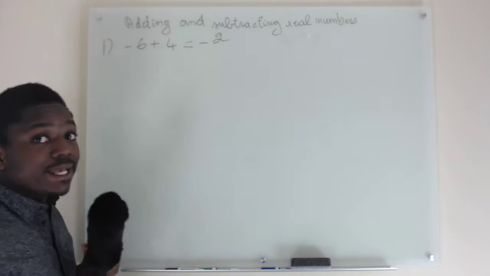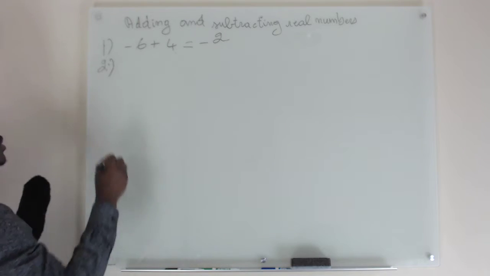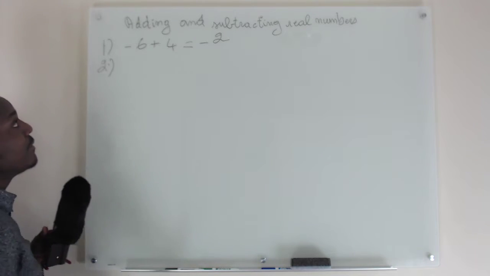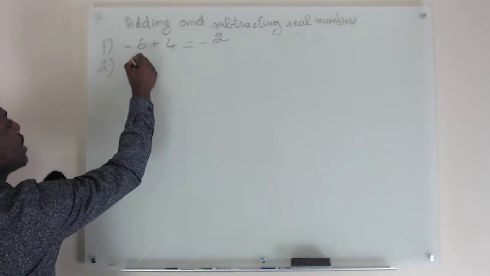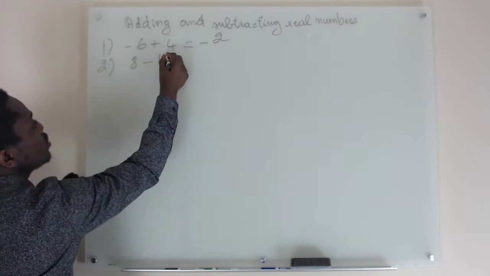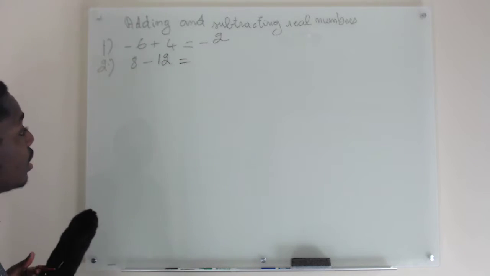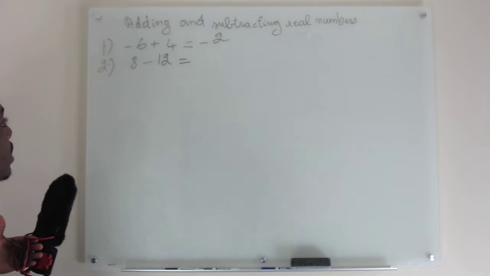So now let's take a second example. Example number 2. Let's say we have something like 8 minus 12. Again, what's the first thing that you have to do?